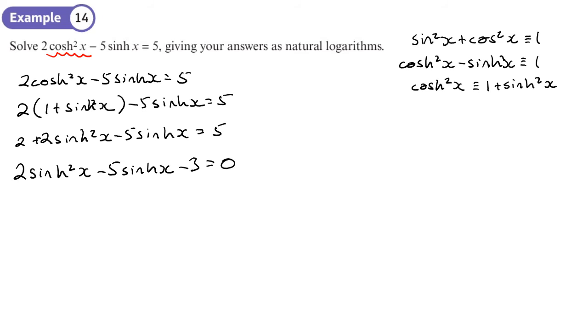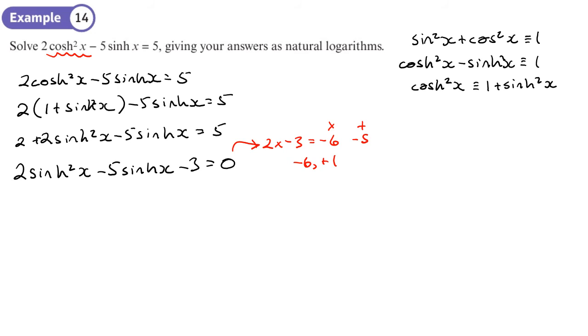And I could, if I wanted to, like I did on the previous one, say let y equal sinh x or whatever. But I'm just going to go straight and multiply the first and last number, which gives me negative 6. I'm looking for two numbers that multiply to give me negative 6 and add to give me negative 5, which I can do. So the two numbers would be negative 6 and plus 1.